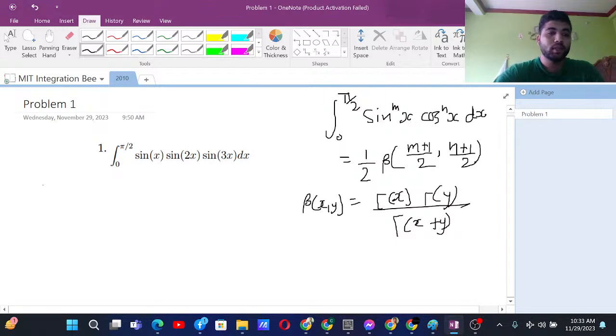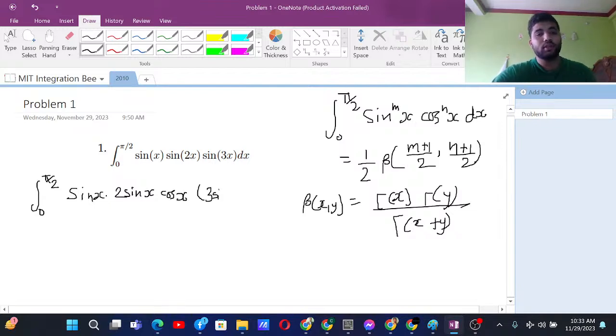Let's begin. An integral from 0 to pi by 2 of sin x. Again, break sin 2x into 2 sin x cos x, and we can also break sin 3x into 3 sin x minus 4 sin cube x. Then here's dx. After this, we will have integral from 0 to pi by 2.